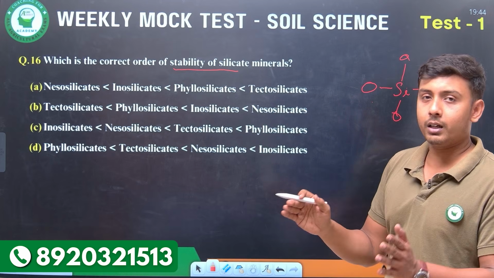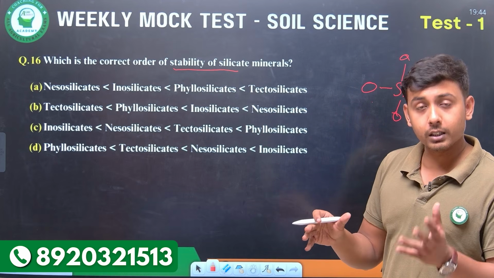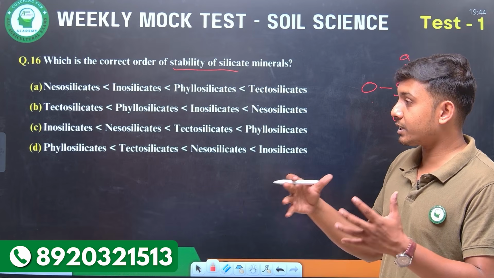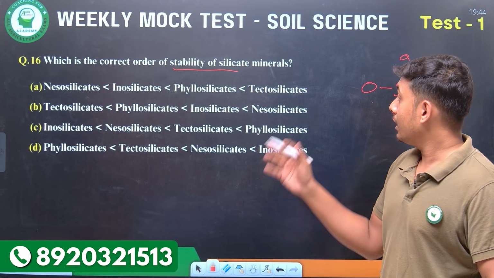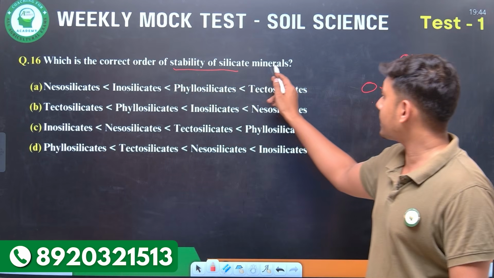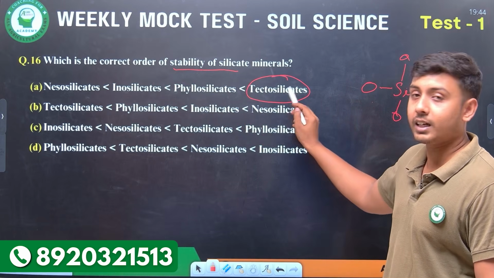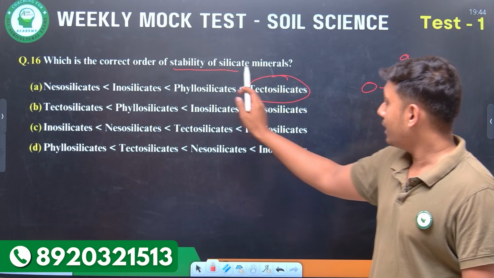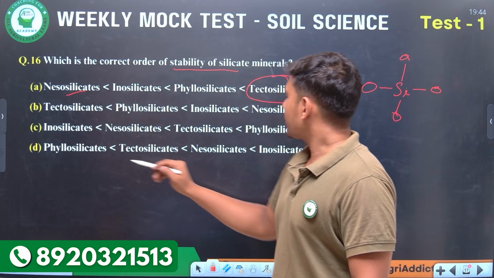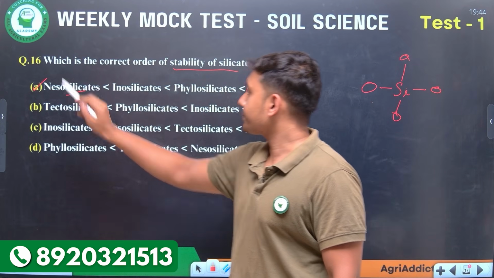Whenever the sharing of oxygen increases, the stability of the mineral increases. So tectosilicate will be the most stable, and nesosilicate will be the least stable. So this will be the answer.